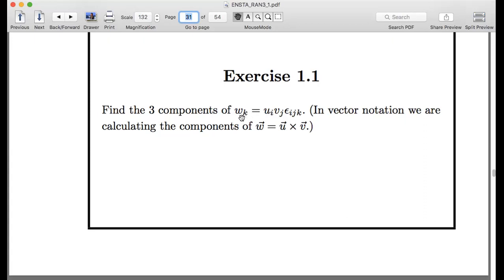I forgot to mention, there's an implicit sum here over all the values of i and all the values of j. We don't sum over k because k is what we call a free index. It's not repeated. There's only 1 k. But here I see i twice. I see it there and I see it there.